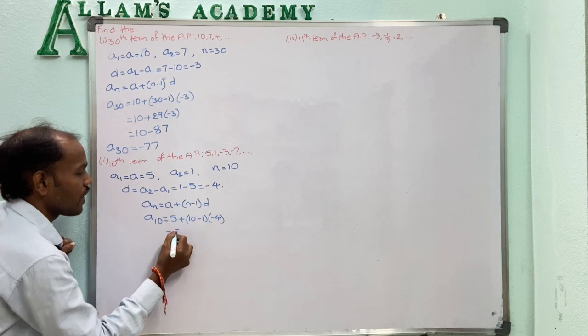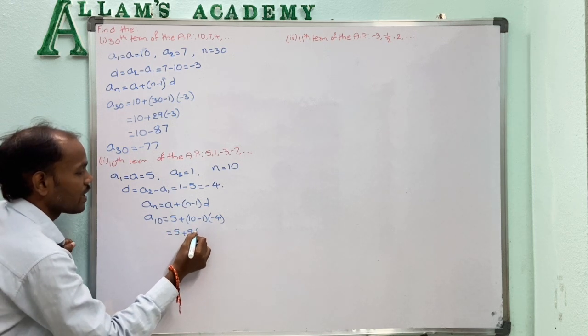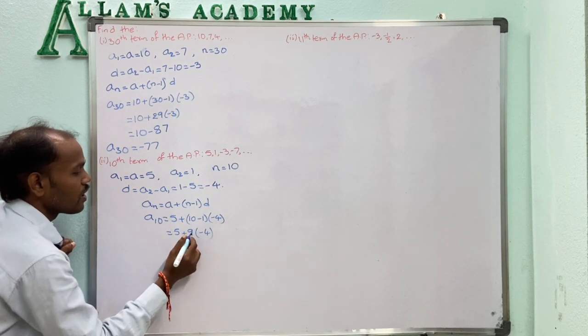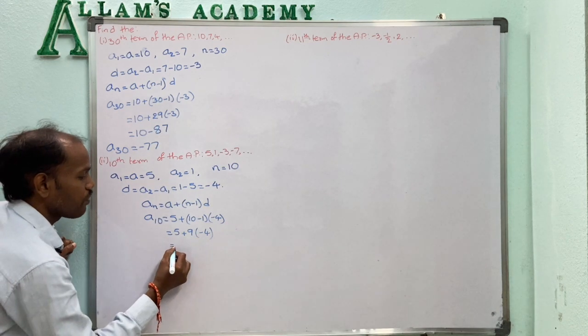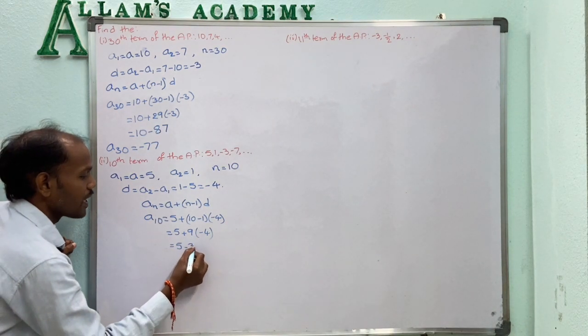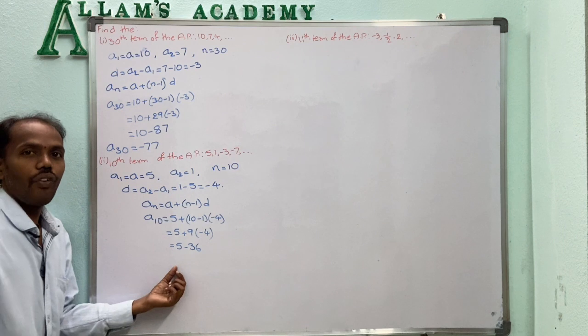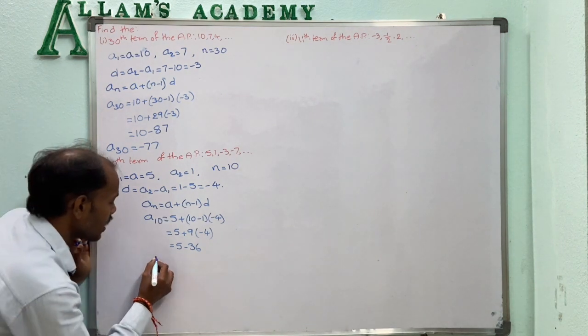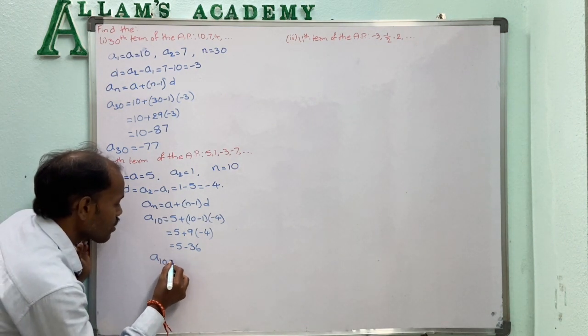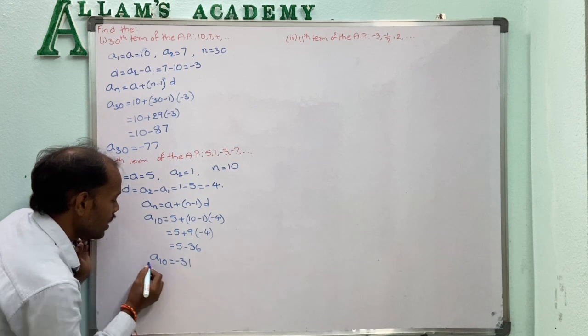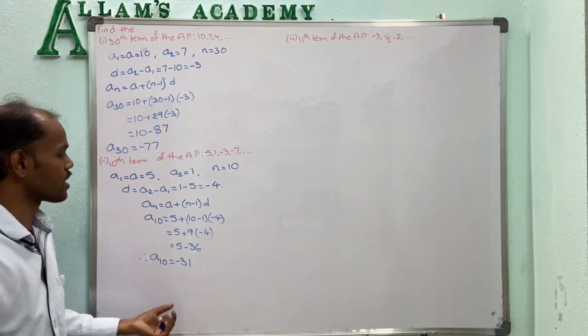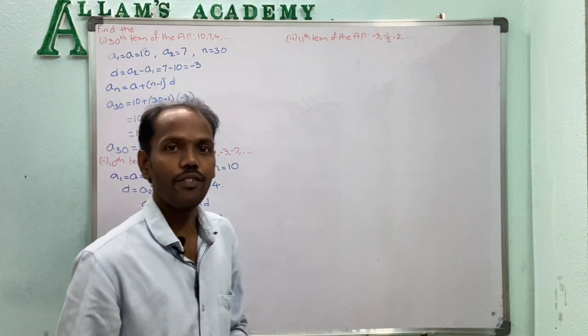So 10 minus 1 is 9 and the d value is minus 4. So plus 9 into minus 4 is nothing but minus 36. So 5 minus 36 is minus 31. So the 10th term of this AP is minus 31.